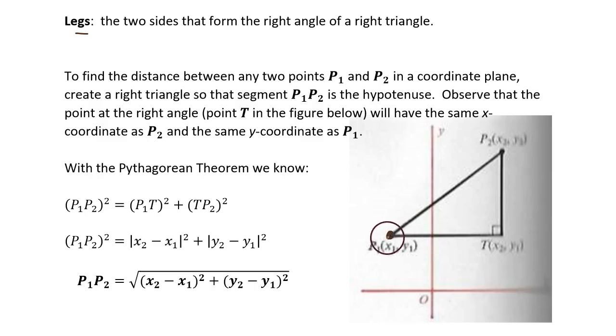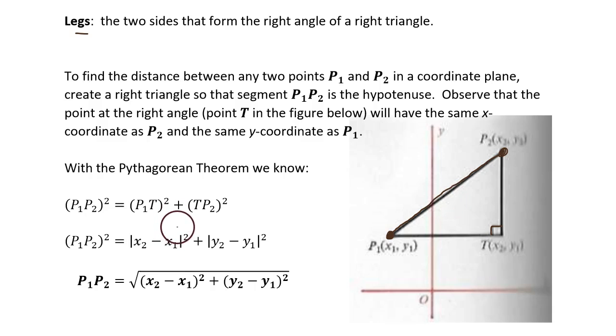If this is point 1 on a coordinate grid, and this is point 2, and we want to find the distance between them, that would be the distance of this diagonal segment. That's the hypotenuse. Draw straight across, and then straight down, creating a 90-degree box, and that creates a right triangle where that diagonal segment is the hypotenuse of the triangle.